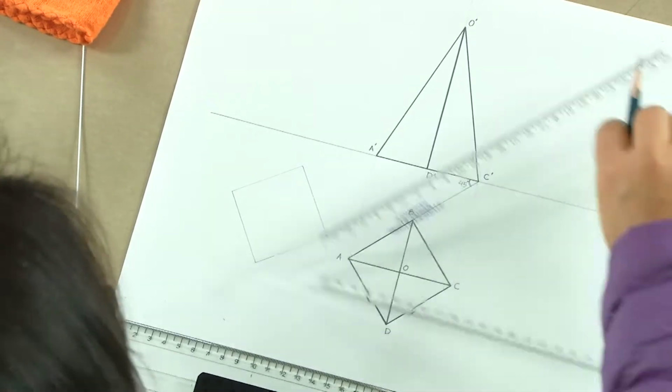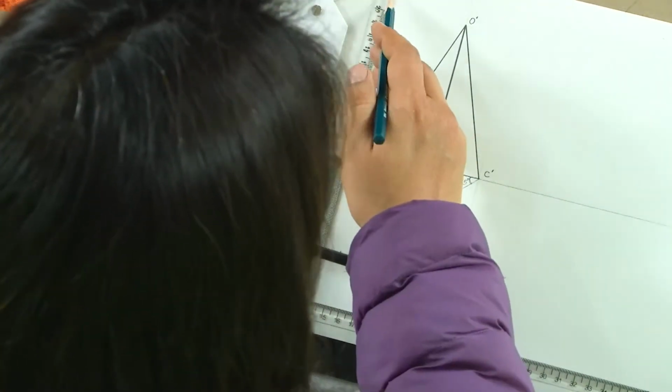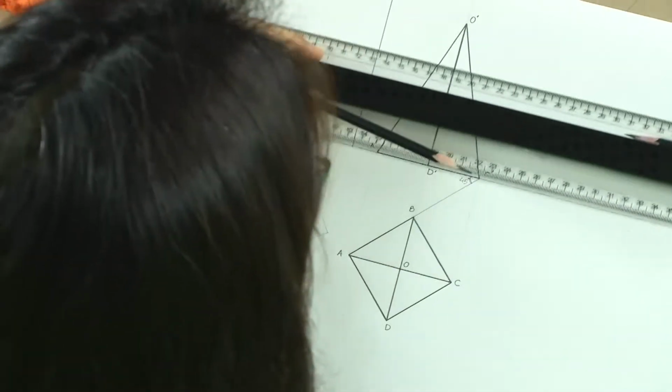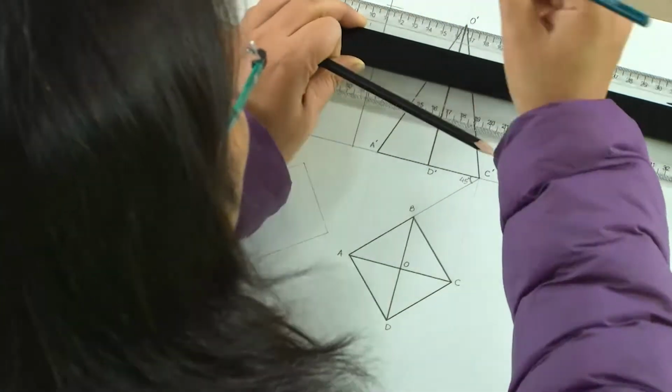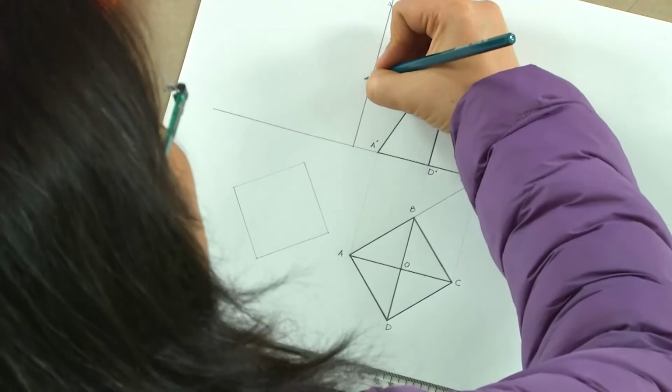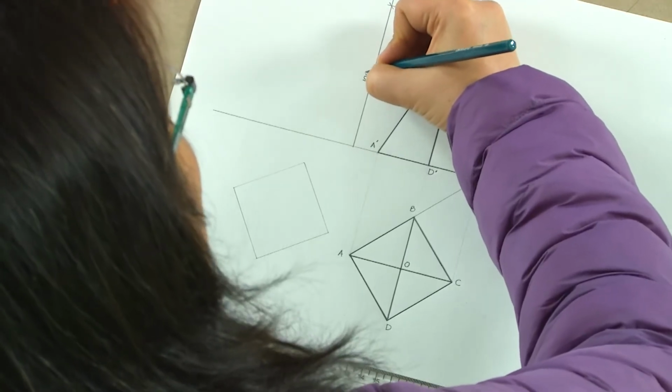Another thing that we have to mark as dimension is the height of this pyramid. So, we will have a height, which in this case was 10 centimeters or 100 mm, which is what we will mention.